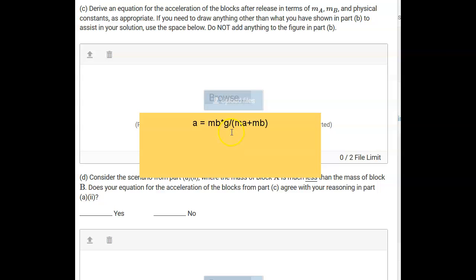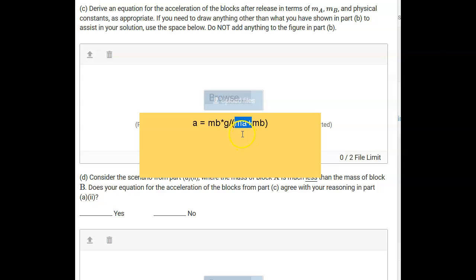We can look at this and ask, what's going to happen? Well, if m_a is super large and m_b is super small, g is just a constant. So when m_a gets really, really large, you're just getting closer and closer to 0.